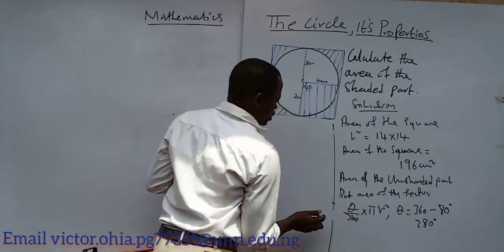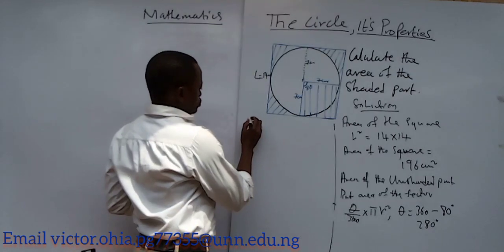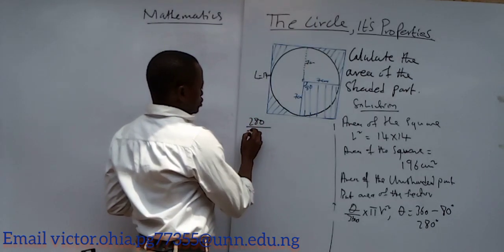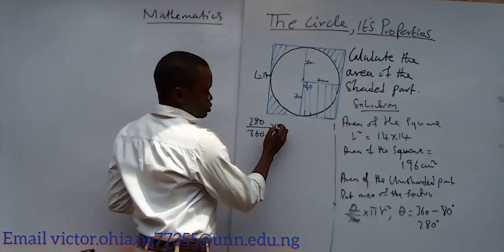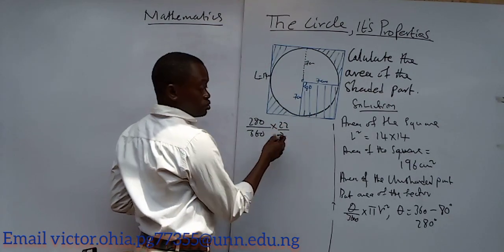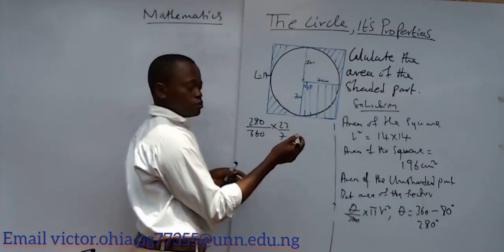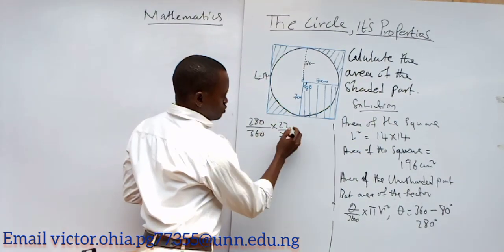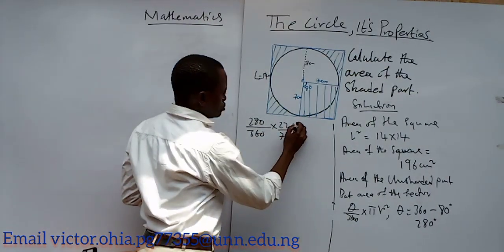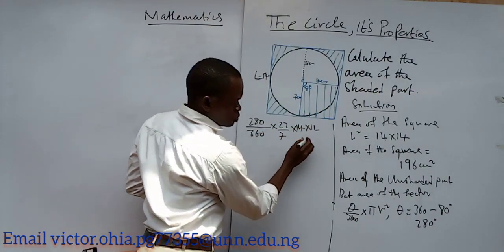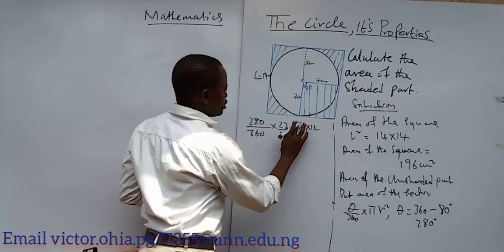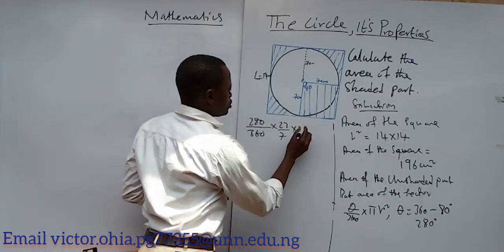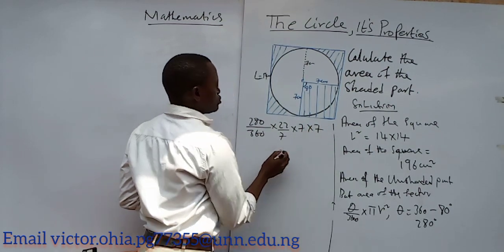So when we come back here, we are going to have 280 over 360 times 22 over 7. In some exams, they may give you pi as 3.14. Please use whatever they gave you there. Times the radius 7 times 7, so 7 times 7 times 22 over 7.